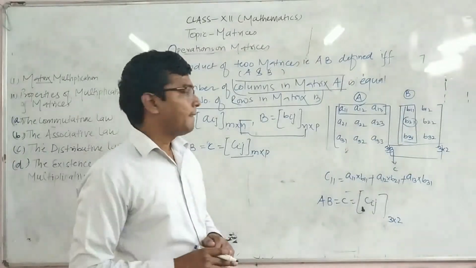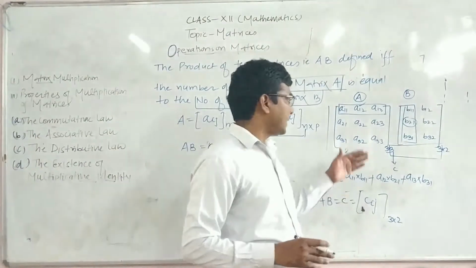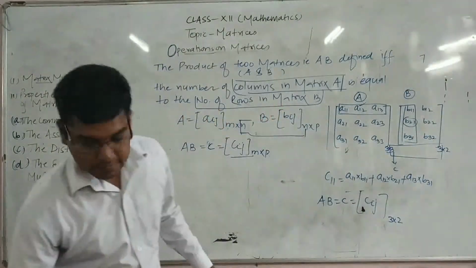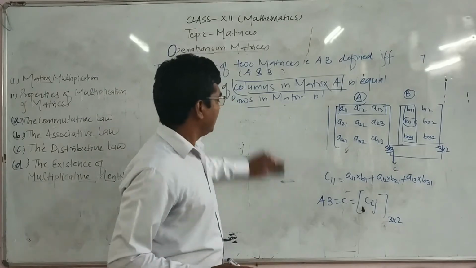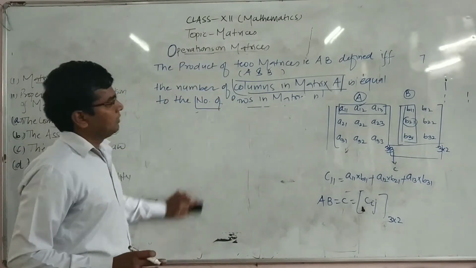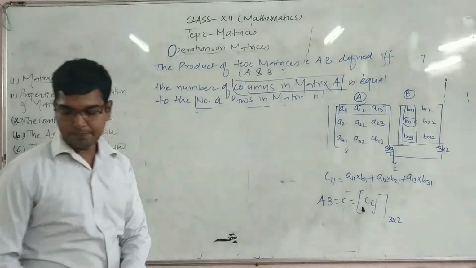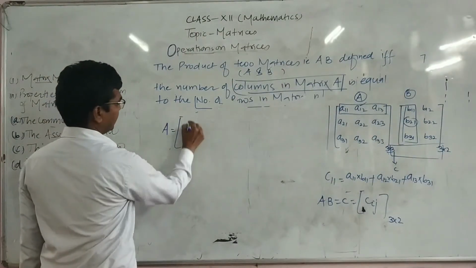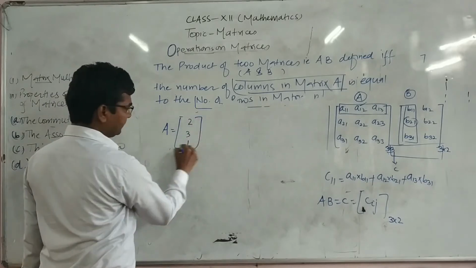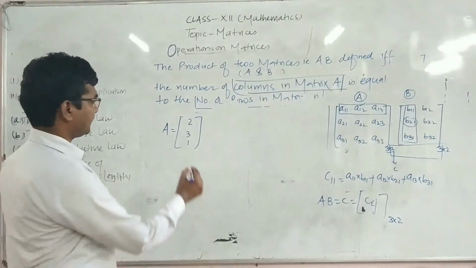Let us take another example and learn about the product of matrices. For example, A is a matrix 2, 3, 1. What is the order of this matrix?